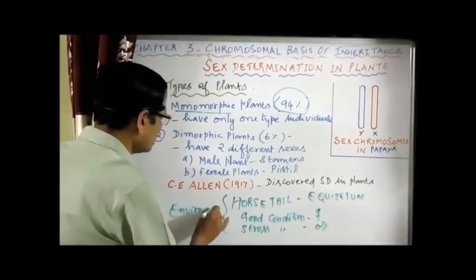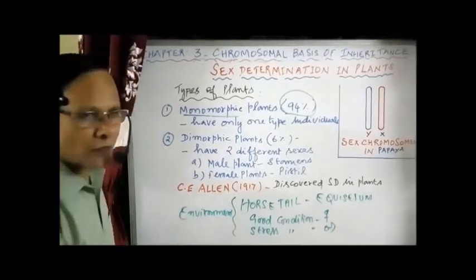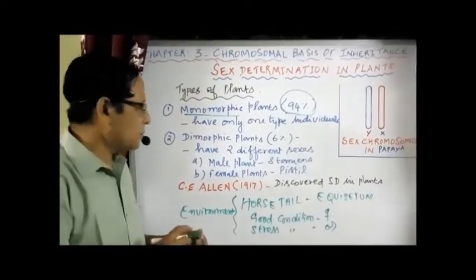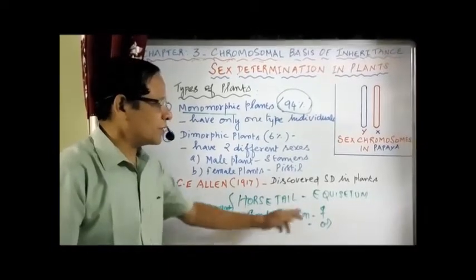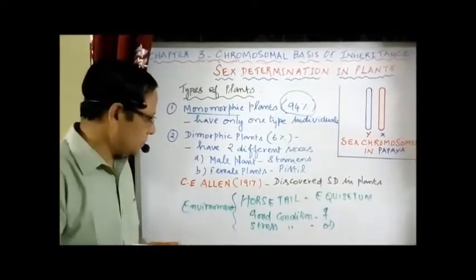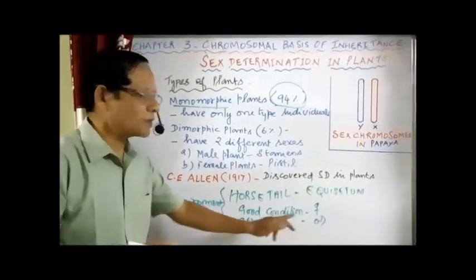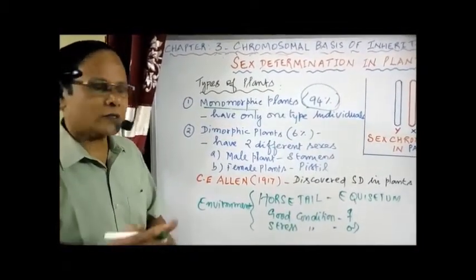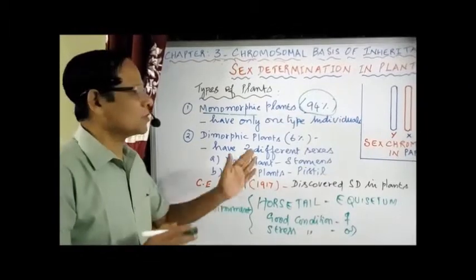It is one example where sex is influenced or determined by the environment. A plant growing in good condition develops into female, and a plant growing in stress conditions develops into male.